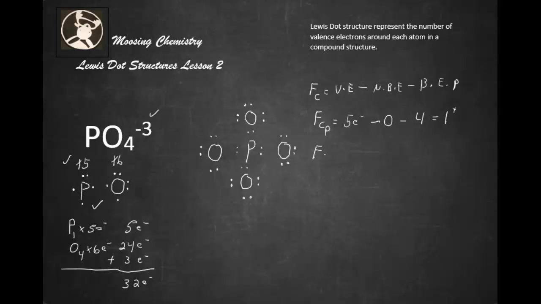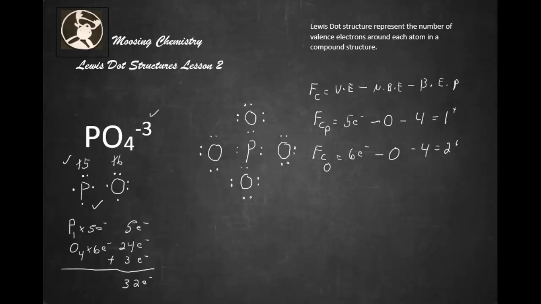The formal charge of oxygen would be 6 valence electrons coming in, minus non-bonding electrons, they're all bonded, minus our bonding pairs. We have 4. So that gives me plus 2 there. This is not the best possible structure, because these need to be zeroed out or at least give us the total charge.